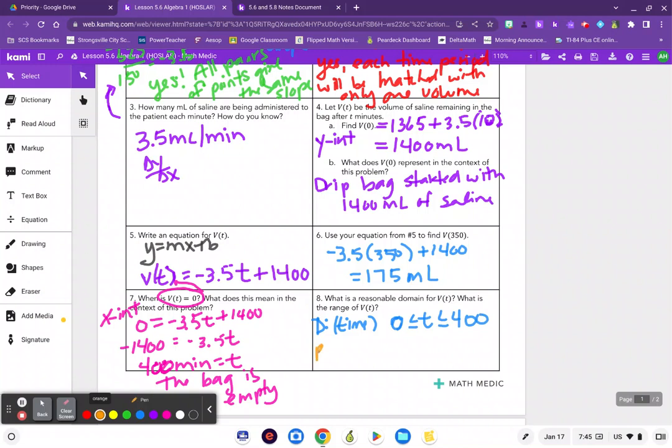And range is that volume, my output. It's reasonable to have 0 milliliters of saline, so I'm going to say 0 is less than or equal to V of t, where V of t is my function instead of y, and less than or equal to 1400. 1400 is the maximum amount of saline we have, because that's what my bag started with.